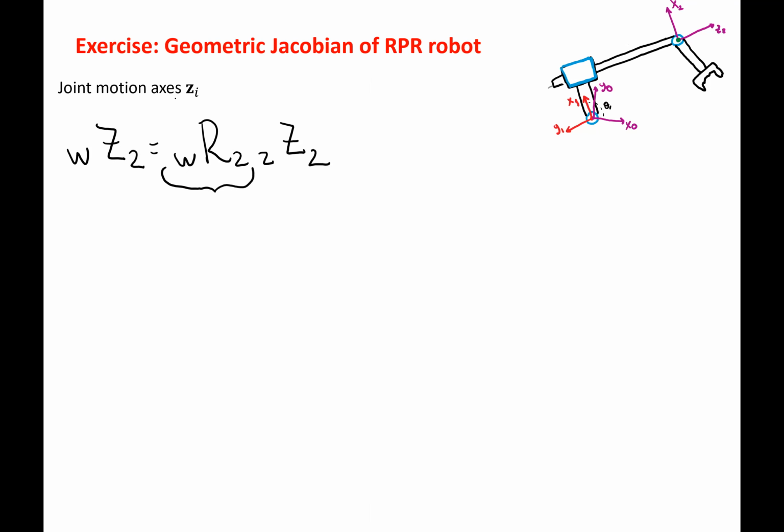So let's get the computation of the rotation matrix here. Let's look at the first rotation. The first rotation that we have is a rotation due to the first joint variable, which is Q1.